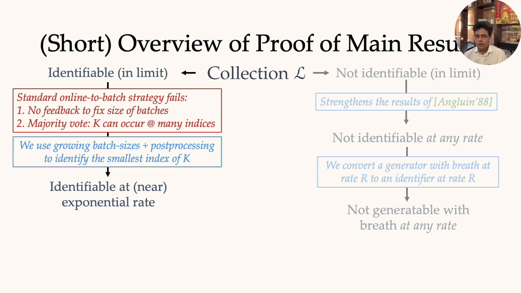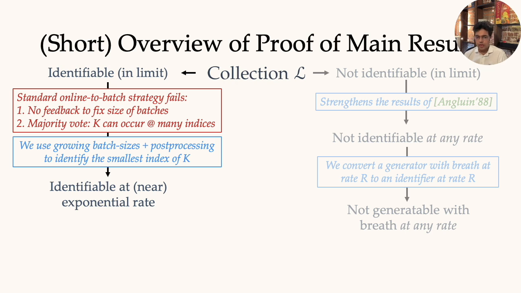So we overcome these by using an online to batch conversion strategy with growing batch sizes to overcome the issue of having no feedback. And then we post-process the output of each identifier trained in a batch so that it identifies the unique smallest index of K in the language collection, so that all correct identifiers are outputting the same index. And then it's easy to take a majority vote.